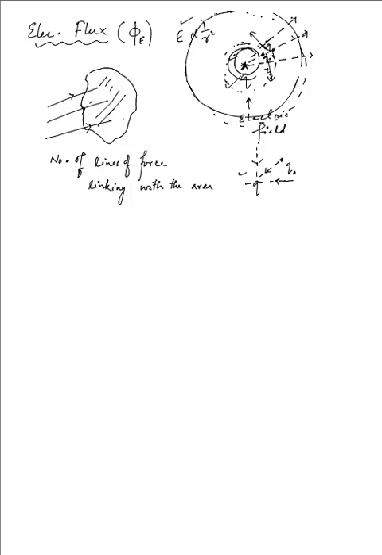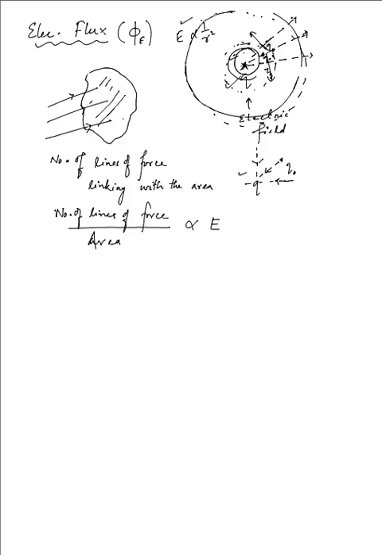Now, just prior to this, what I had mentioned is that the concentration over a given area means the number of lines of force. So the number of lines of force over a given area tells us about the intensity of the field.